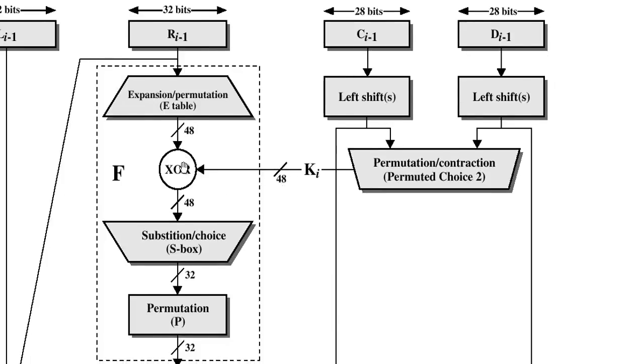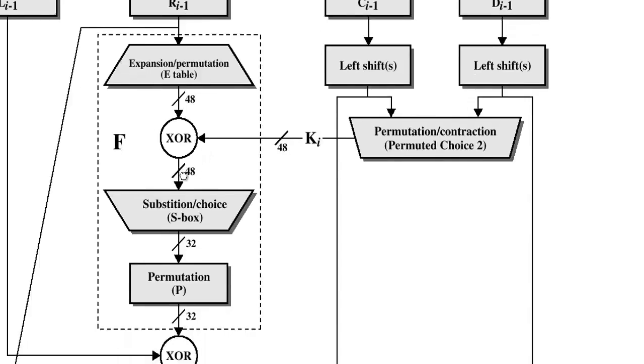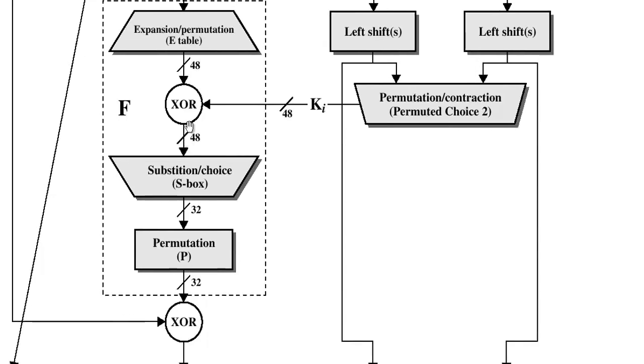It is an XOR operation: the 48 bits are XORed, that is Ki is XORed with the expanded version of Ri minus 1. Then this 48 bits goes to the next level, the substitution S-box, where again it has to be reduced to 32 bits.